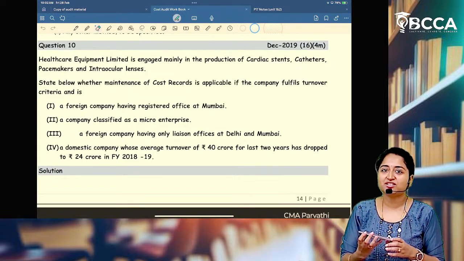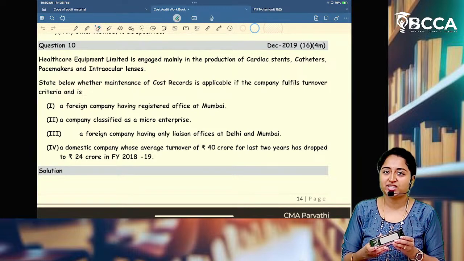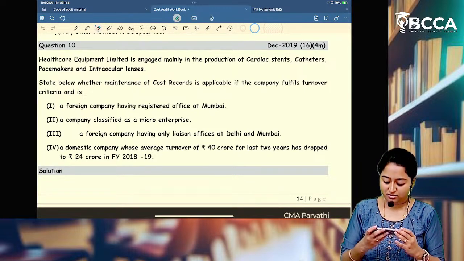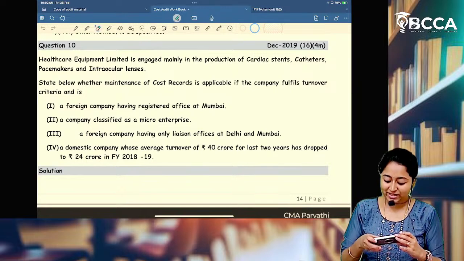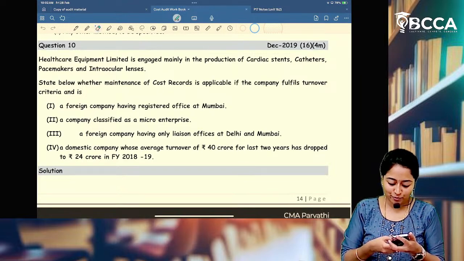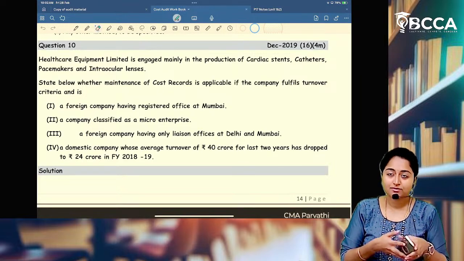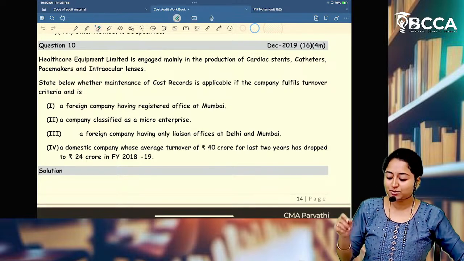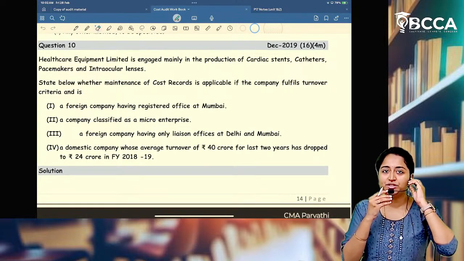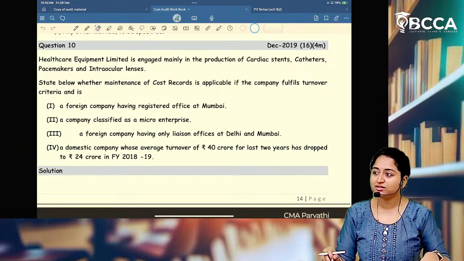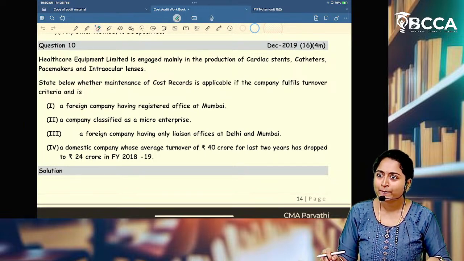Why is it not clear? I guess it's clear from my side. I guess some echo is coming. I hope it's clear now, or is it still the same? What's happening?